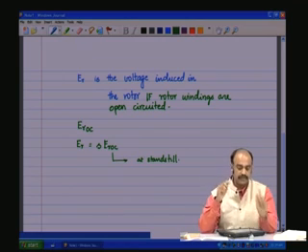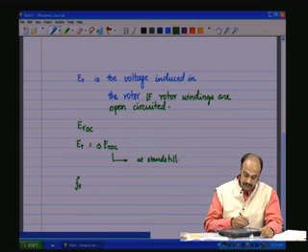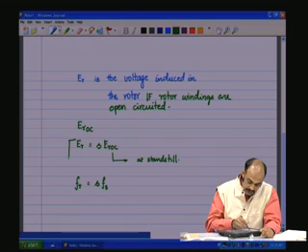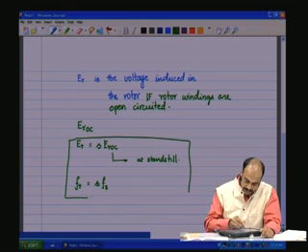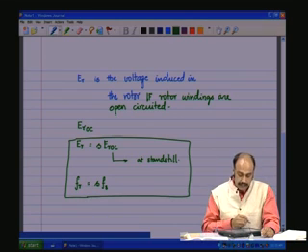That is the slip frequency. So therefore, if Fr is the rotor frequency, then it is S times the stator frequency. So these two relationships are important to remember. The rotor voltage and frequency relationship with respect to the slip.